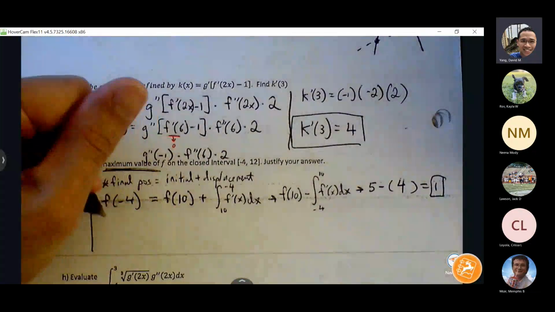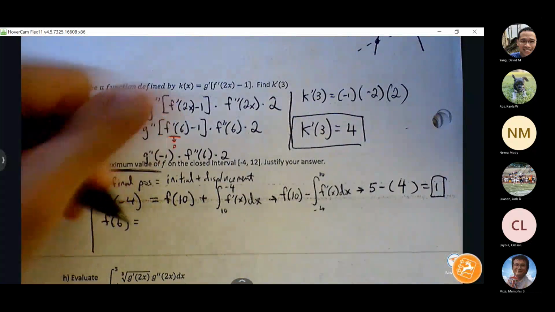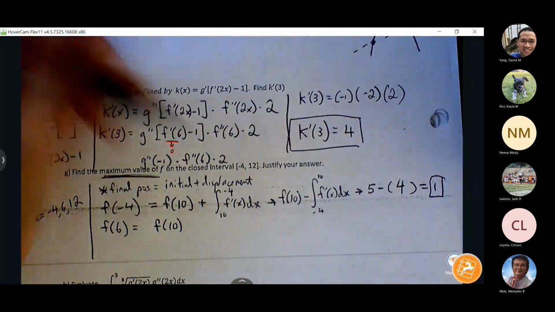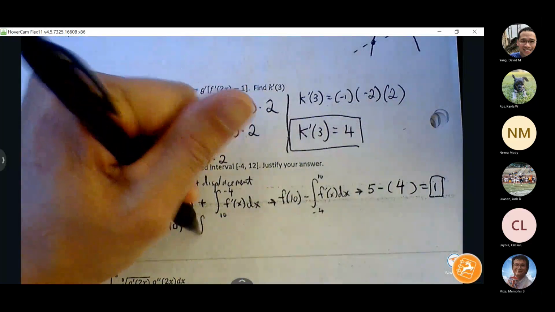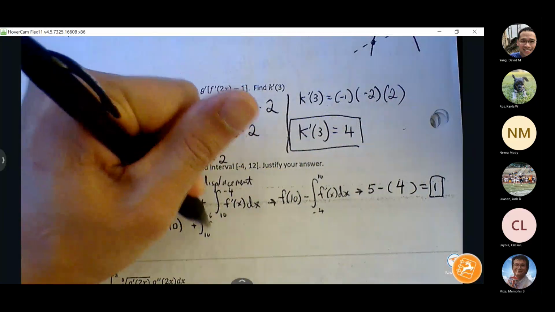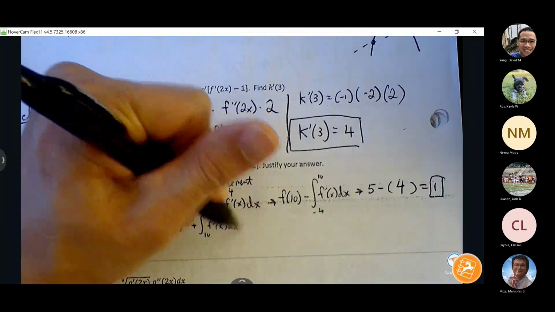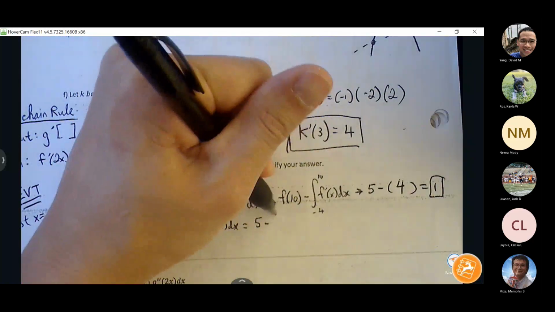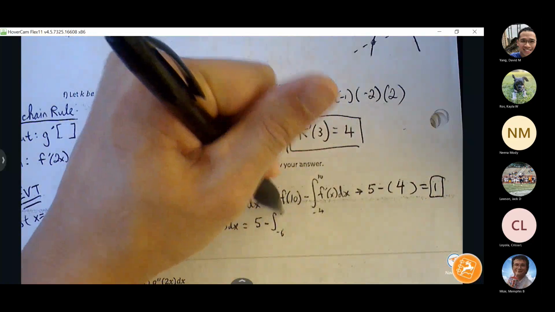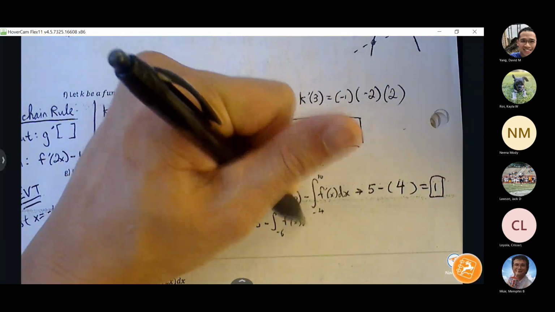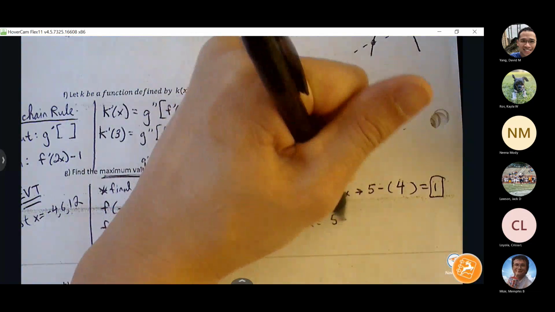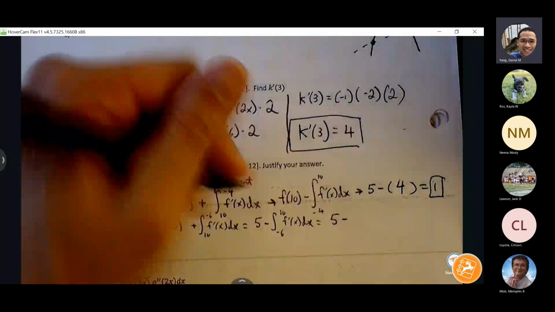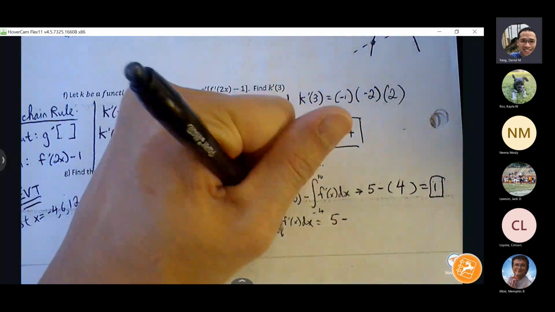Moving on to f of 6. Again, we have to start at f of 10 because that's what's given to us. Sorry, not negative 6 to 10.